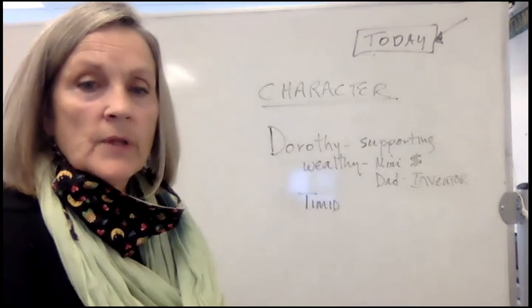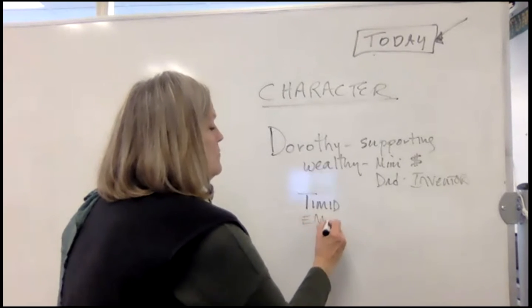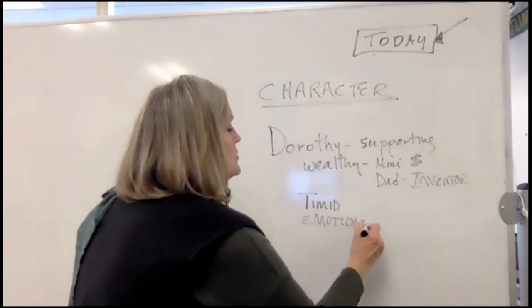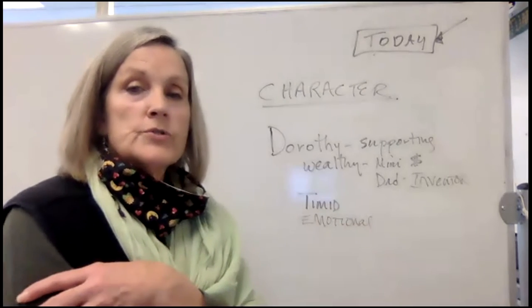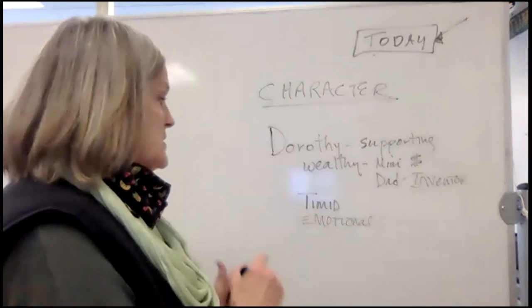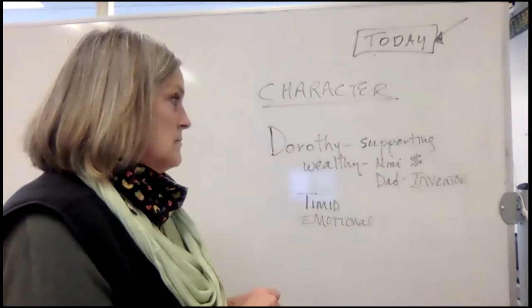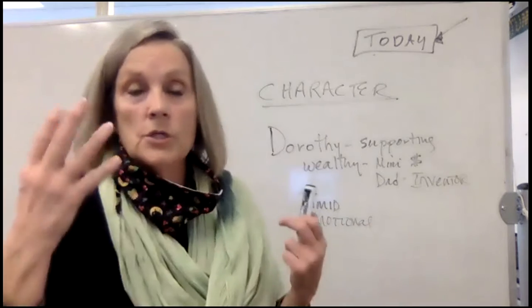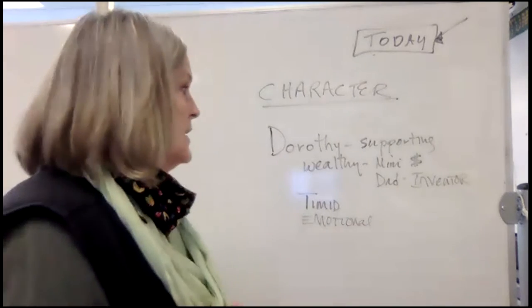I do feel she's emotional because in certain scenes she does start crying when something happens. So she's emotional, and maybe that means she wears her emotions on her sleeve, we say. Maybe she's slightly teary-eyed or something like that, okay?